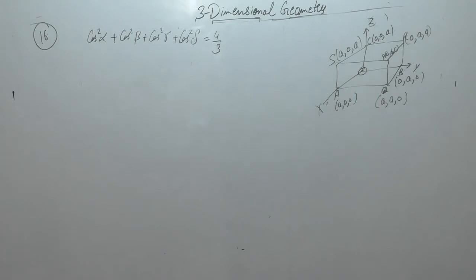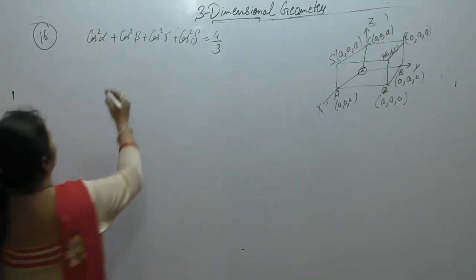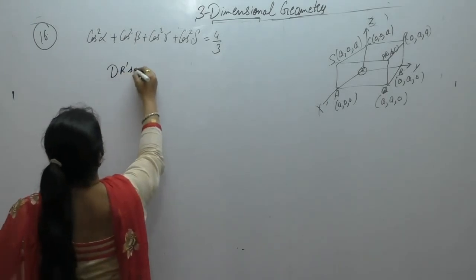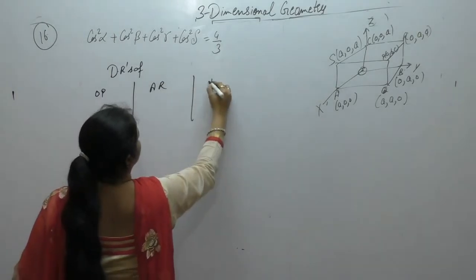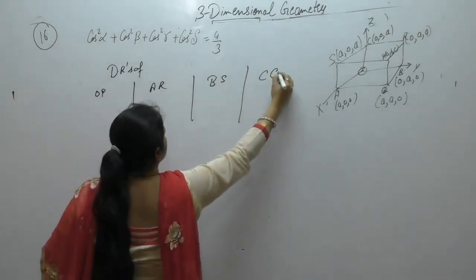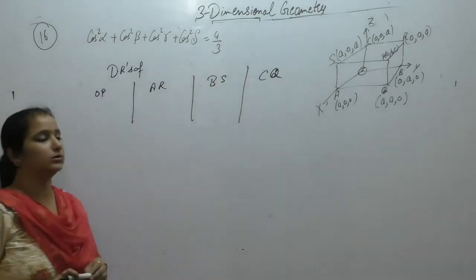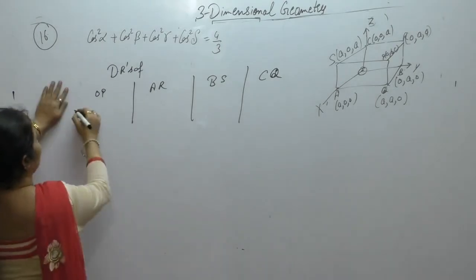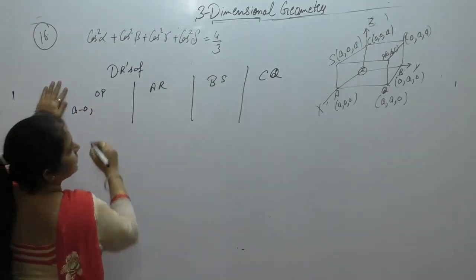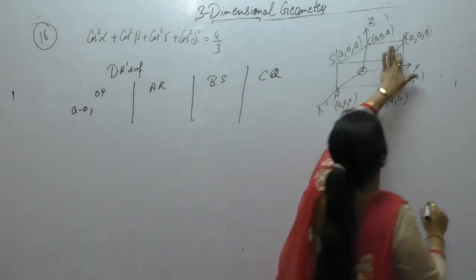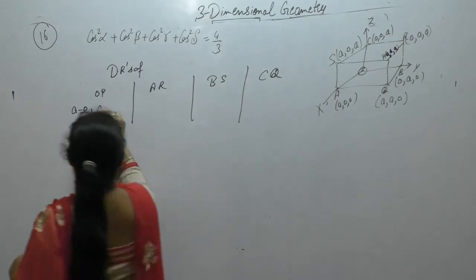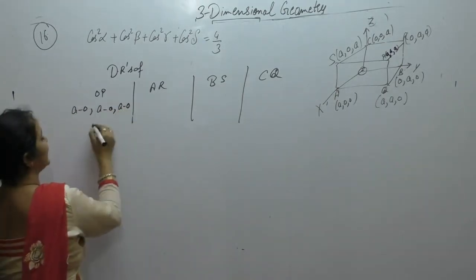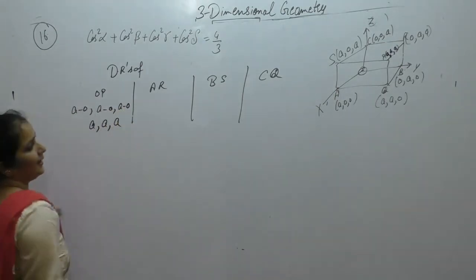Now write down the direction ratios of OP, AR, BS and CQ. For OP it is a minus 0, a minus 0 and a minus 0, that is a, a, a.